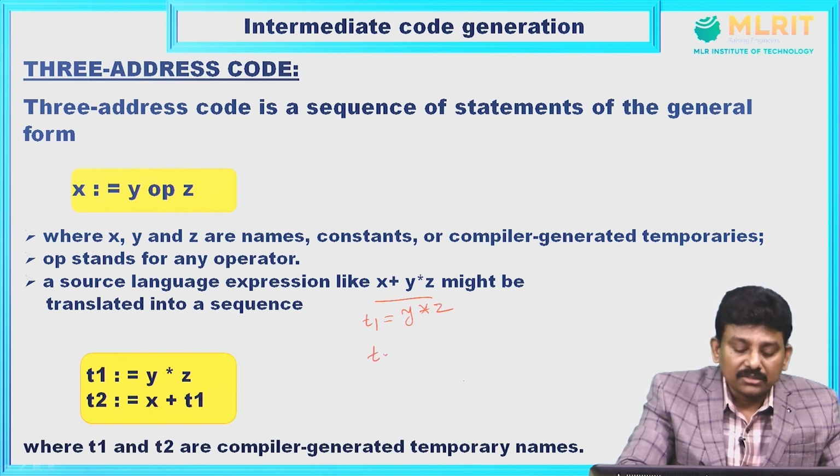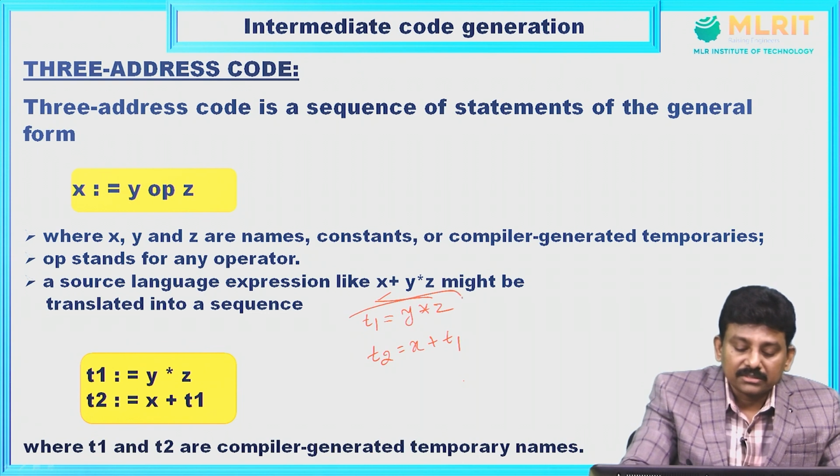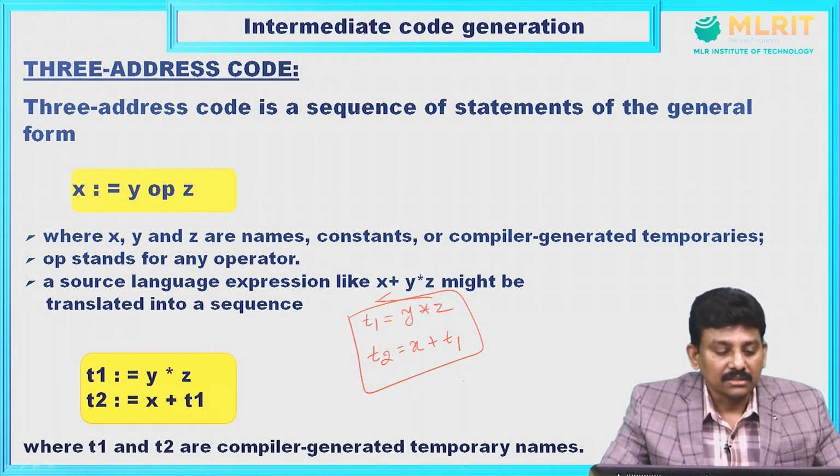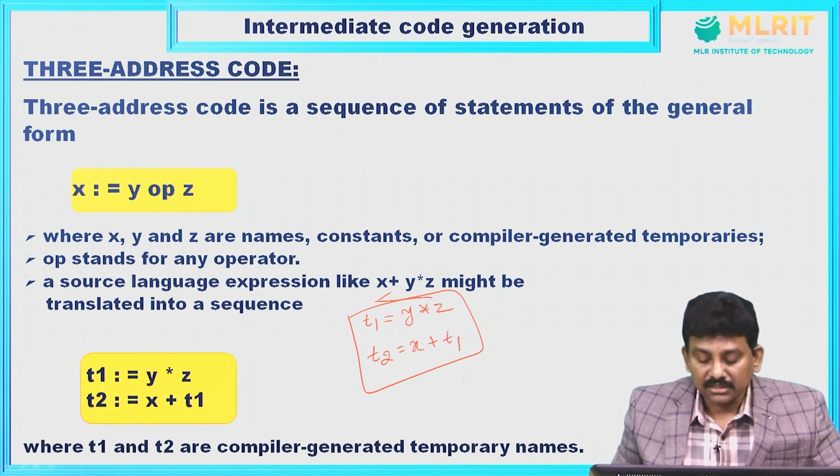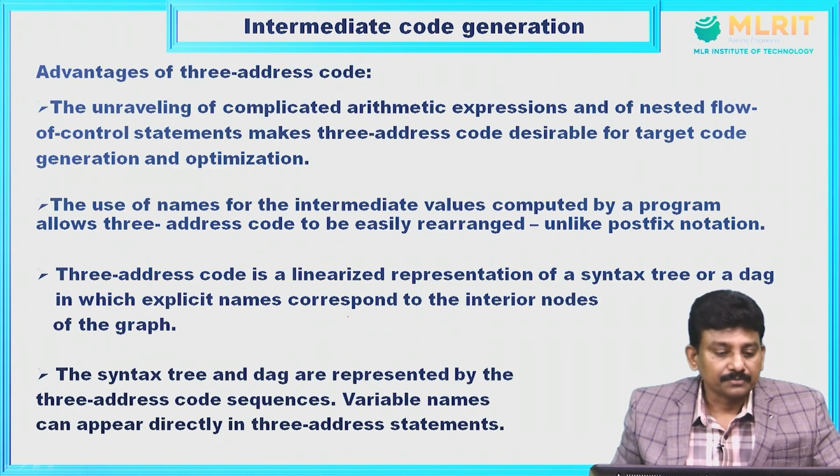Next, another temporary variable, T2 = X plus T1. This is the intermediate 3 address code representation of the expression, where T1 and T2 are the compiler-generated temporary variables or names.